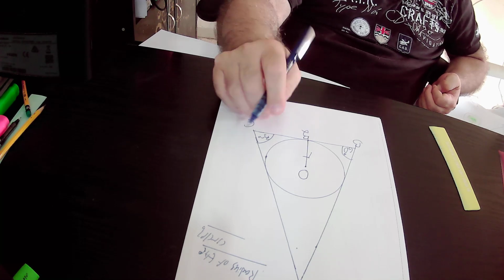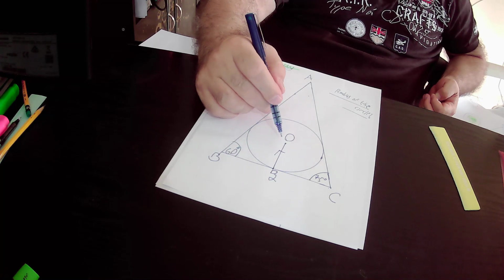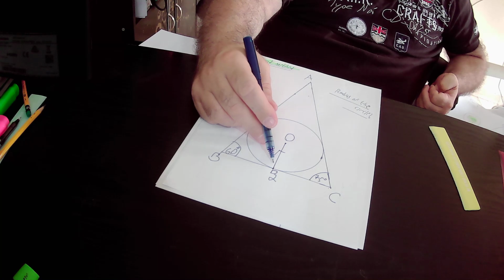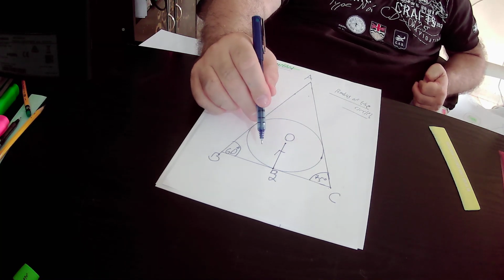So here we have the radius of this circle that is drawn to the point of tangency. That is to say, it is drawn to point D, that is the point of tangency of tangent BC with this circle.